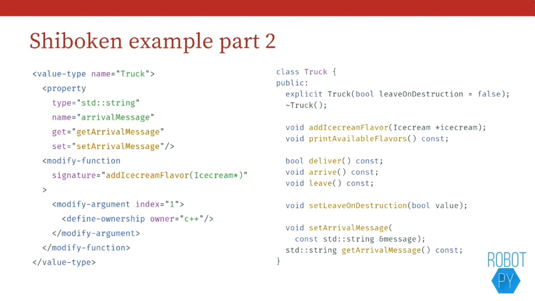So you can just do truck.arrival_message, and instead of having to call get_arrival_message and set_arrival_message to set it. And then we have a similar thing with memory management. And argument index 1 actually refers to the argument this time.